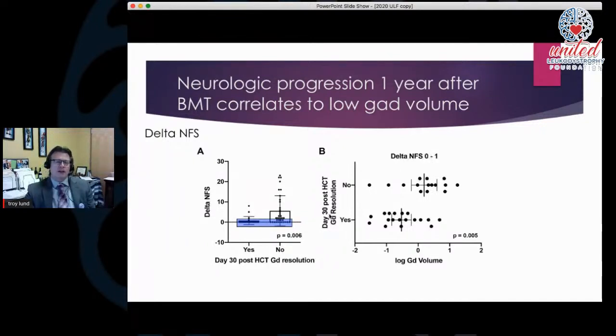I then correlated day 30 post-transplant resolution to log GAD volume, and we were actually able to put a number on how much gadolinium you could have and still resolve by day 30, versus if you had higher amounts of gadolinium, you were less likely to resolve that gadolinium by day 30. And again, intuitively, this all makes sense, but this shows it numerically, and this data was highly significant.